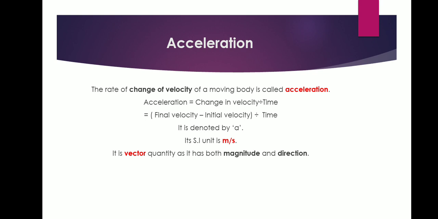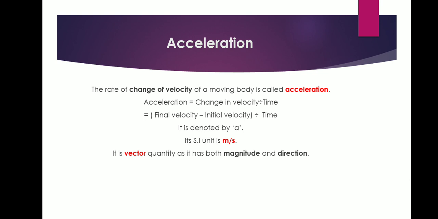Acceleration is given by change in velocity divided by time. Final velocity minus initial velocity divided by time is acceleration. It is denoted by a, small a. Its SI unit is meter per second squared and it is a vector quantity as it has both magnitude and direction.